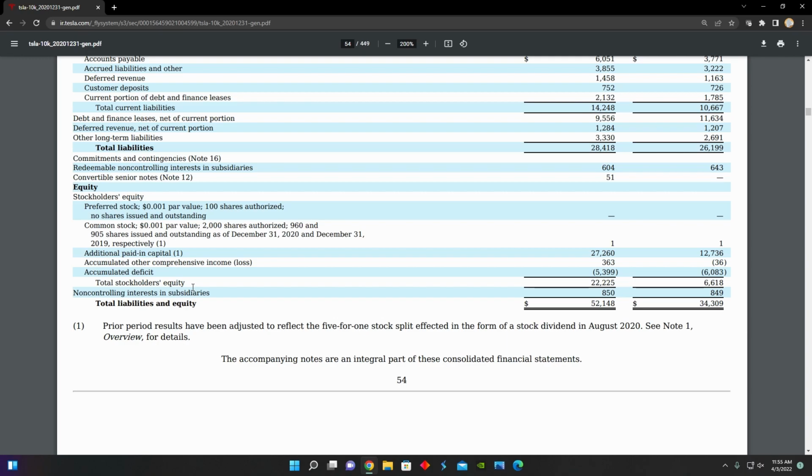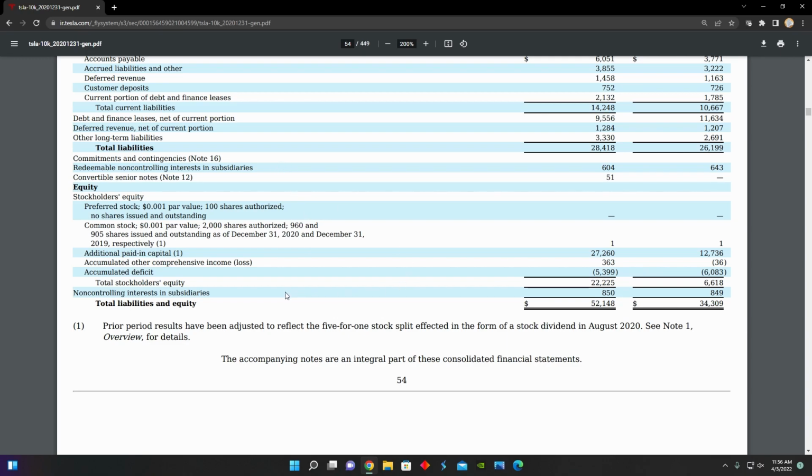And then underneath that, we see total stockholders' equity. This basically just takes into account all of these equity items right here added together or netted, because we're subtracting the accumulated deficit. And then that gives us the total stockholders' equity account. And then right underneath here, we see non-controlling interest in subsidiaries. This is similar to this line item right here.